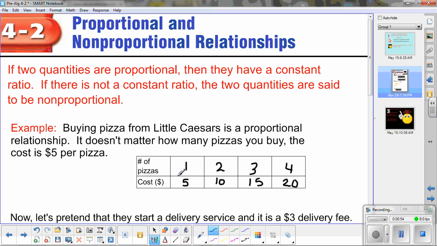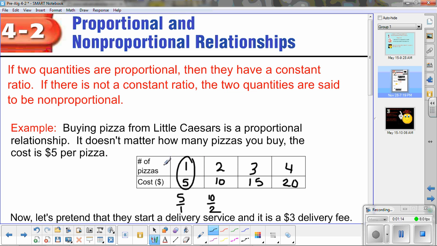If you go and write down the ratios of, let's say, the cost per pizza, it's $5 for one pizza, $10 for two pizzas. We're looking at this ratio right here.